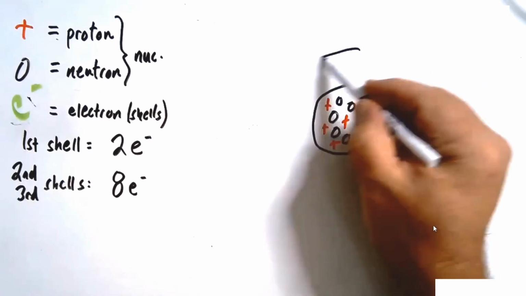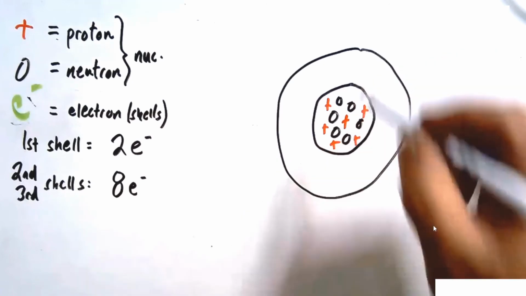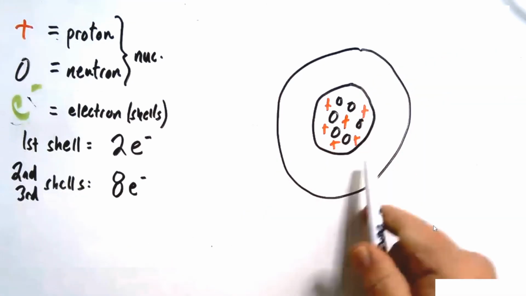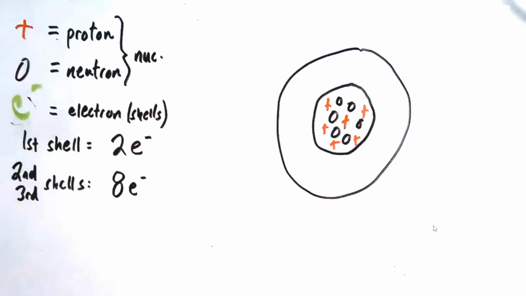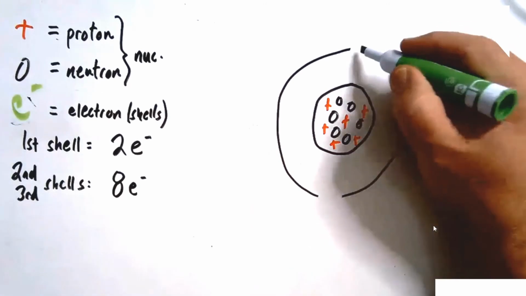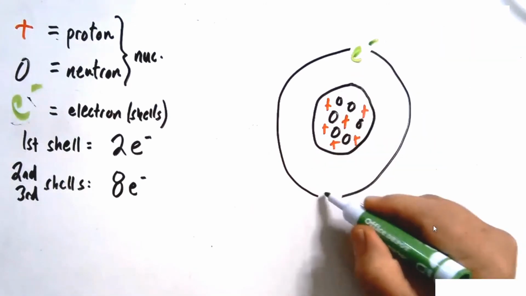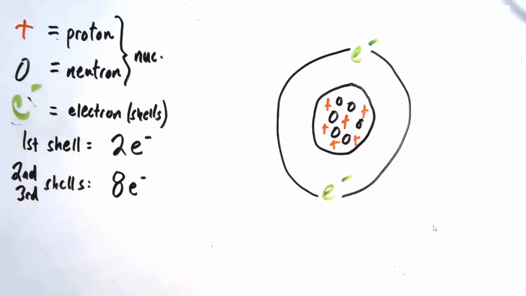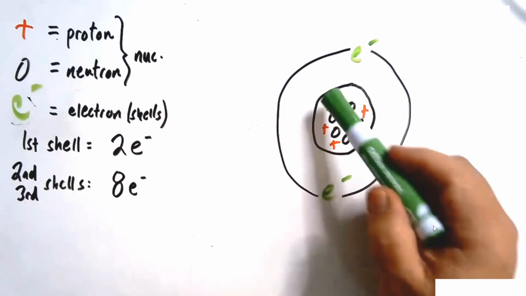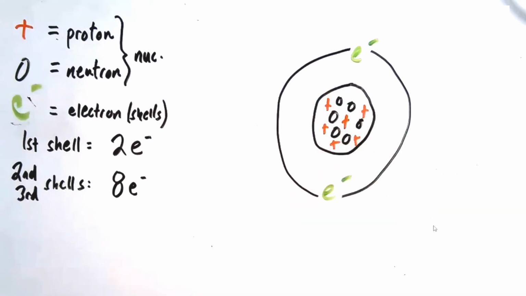Okay, now I'm going to have my first shell. Well, I've got 6 plus signs. So I am definitely going to need to have that first shell, which is definitely going to be full. That's 2. Now I've got 1, 2, 3, 4, 5, 6 positive charges. So I'm definitely going to need another shell.